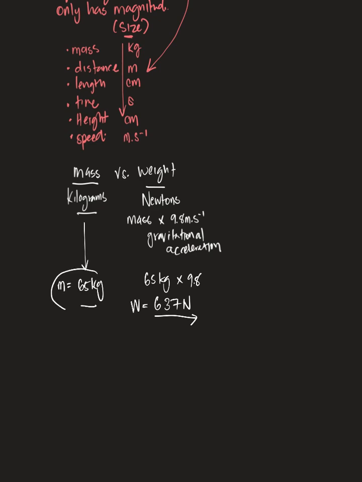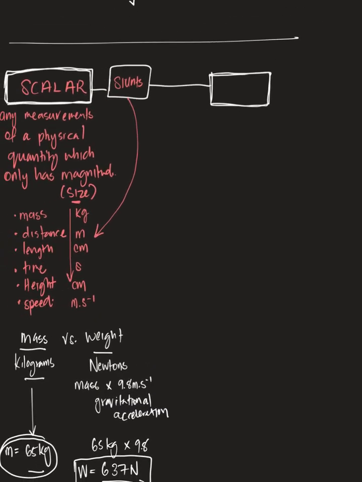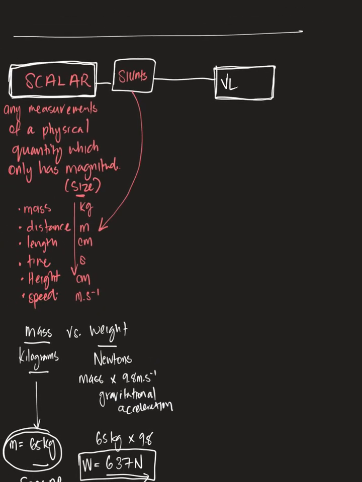Now this mass value here, this is what we call a scalar, because it only has size. But this here, which is weight, is what we call a vector. And a vector, let's have a look at what a vector is.